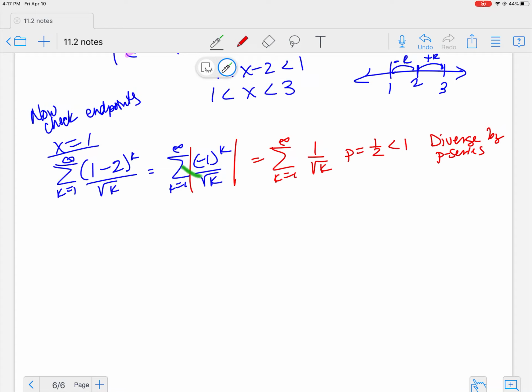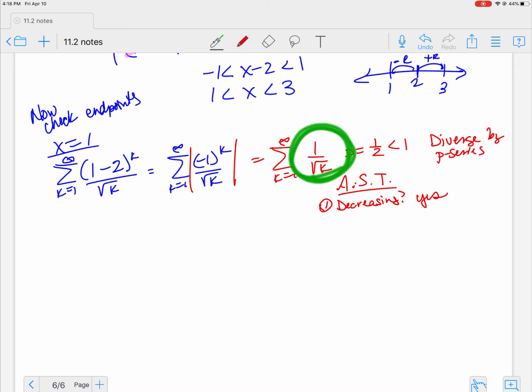Well, remember how we talked, if I have absolute convergence, that implies convergence, but it didn't, it diverged. So because it diverged, now I have to use the alternating series test to determine if it is conditional convergence, right? So with my alternating series test, criteria number 1 is, is this decreasing? Yup, because my denominator grows faster than my numerator.